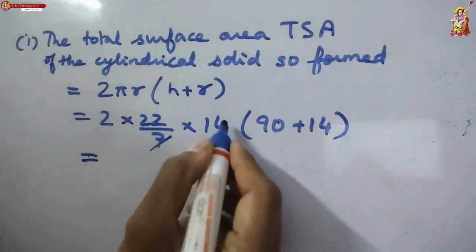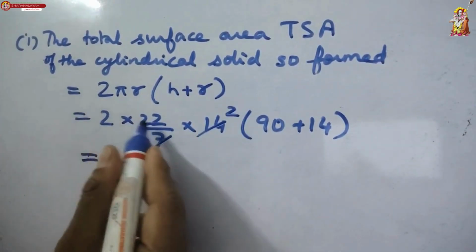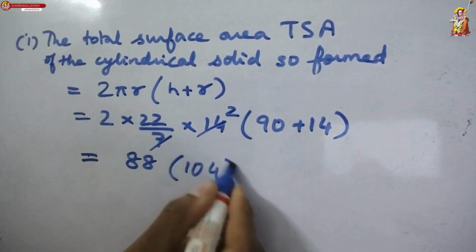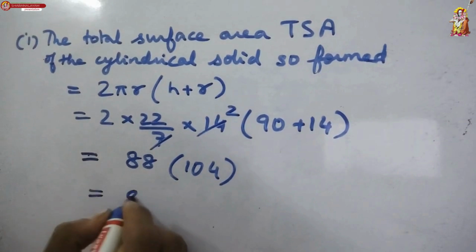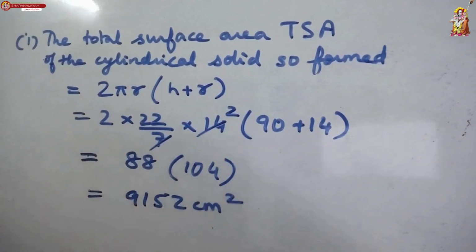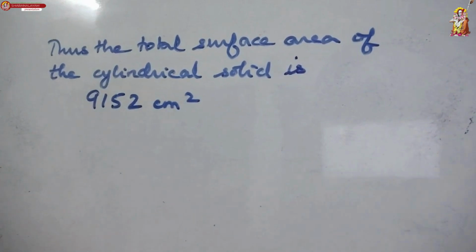That is, these two gets cancelled, 22 into 4, 88 into 104, that gives you 9152 centimeters square. So the answer is the total surface area of the cylindrical solid so formed is 9152 centimeters square.